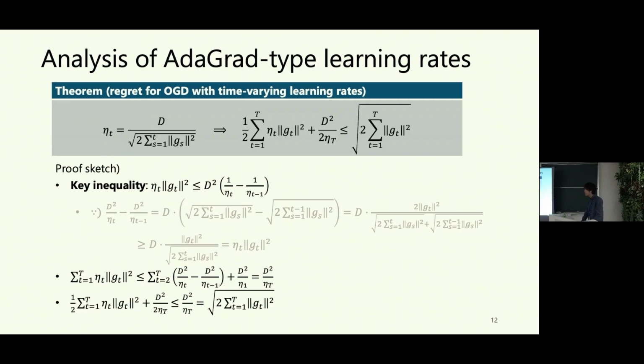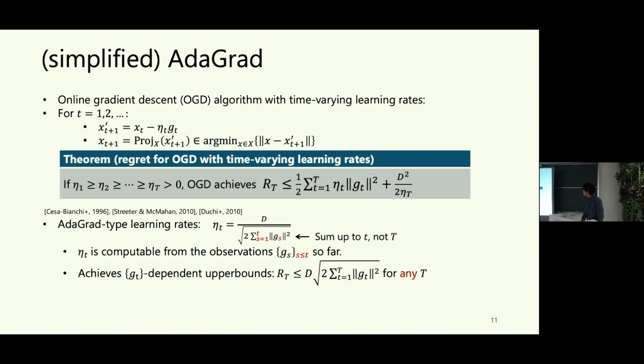Is g_t a random variable or is it fixed? It depends, but basically we consider g_t to be not a random variable. But we consider the special case of a stochastic gradient setting. There g_t should be a random variable, and we usually consider the expectation.